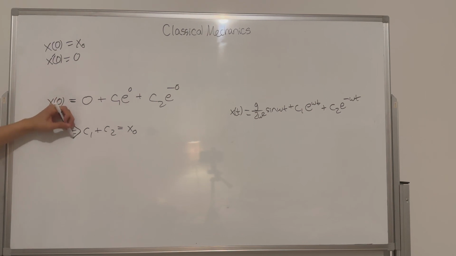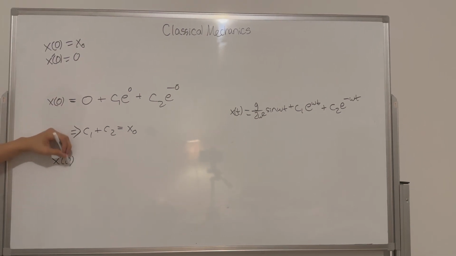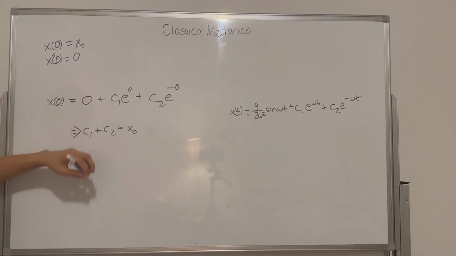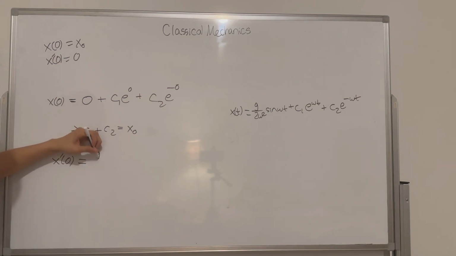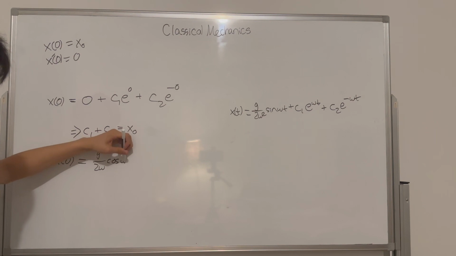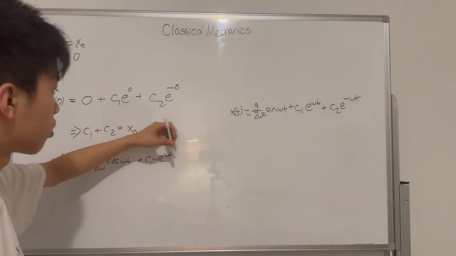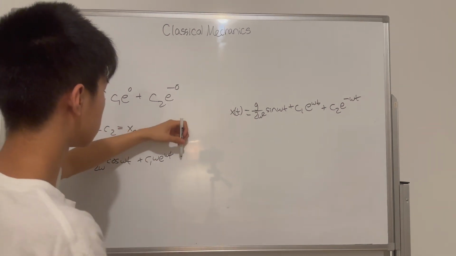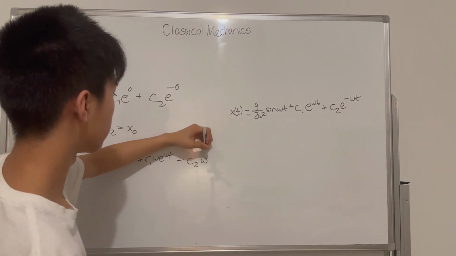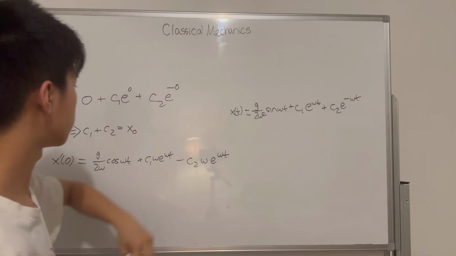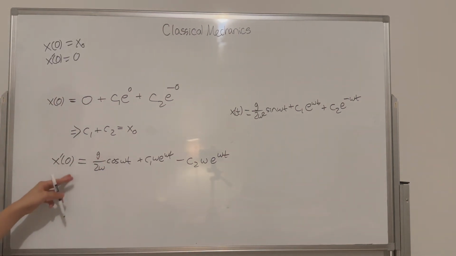Okay, so then we get x prime of 0. That's going to be g over 2 omega cosine omega t plus c1 omega e to the omega t power minus c2 omega e to the negative omega t power. But then we have to plug in the 0.